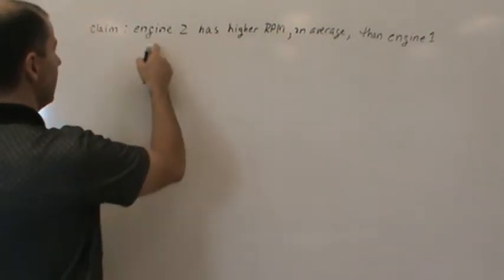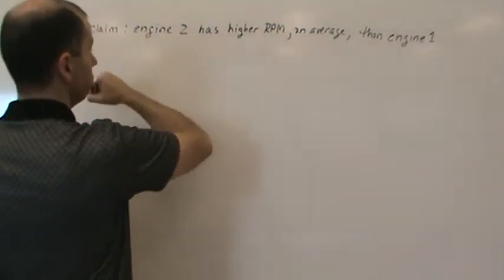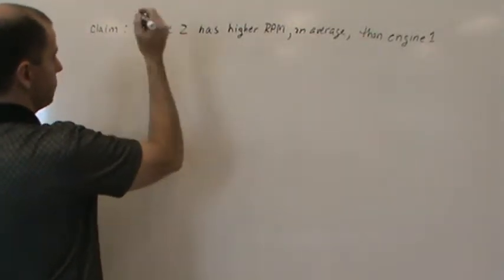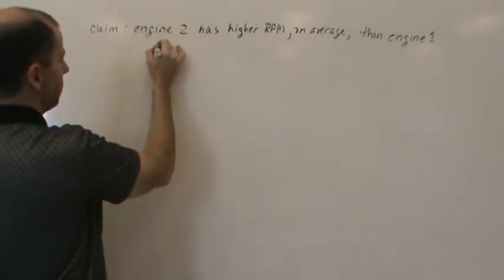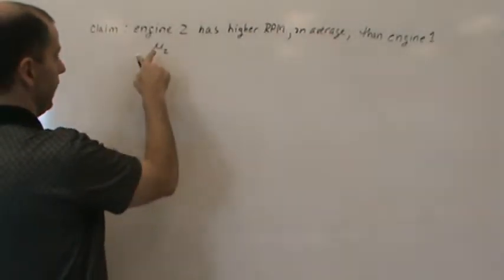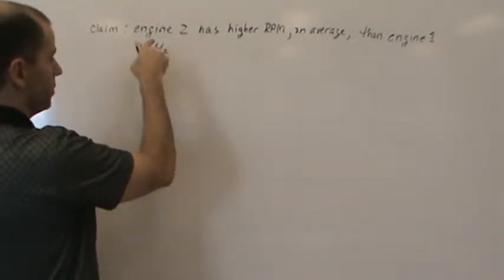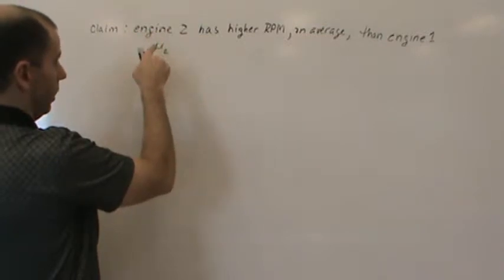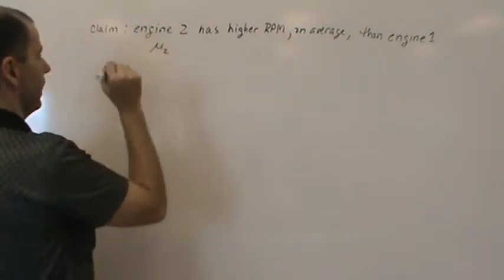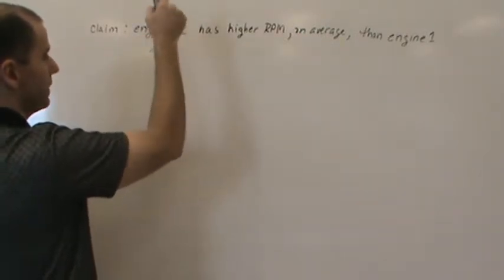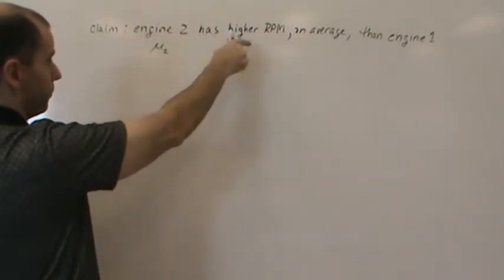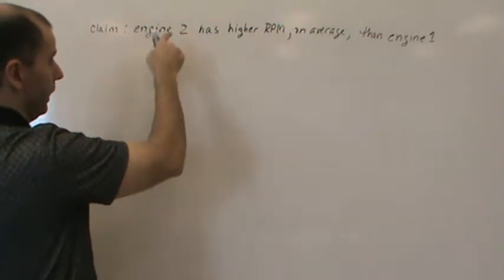Okay, so let's make this mu2. Let's make this the population of the RPMs, the RPMs from the population of engine 2, mu2.